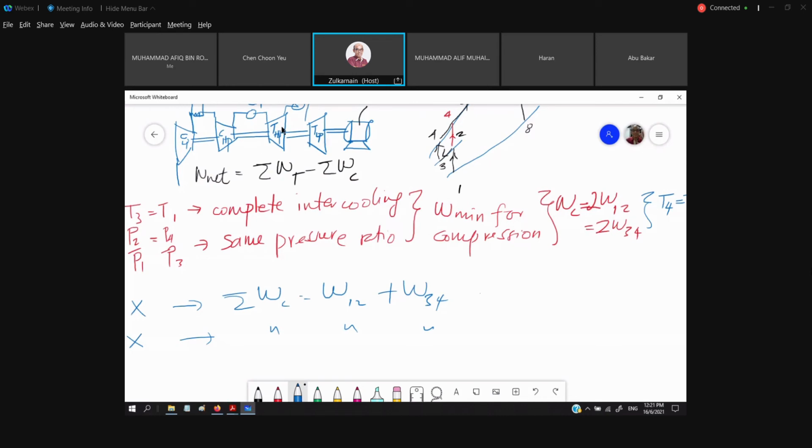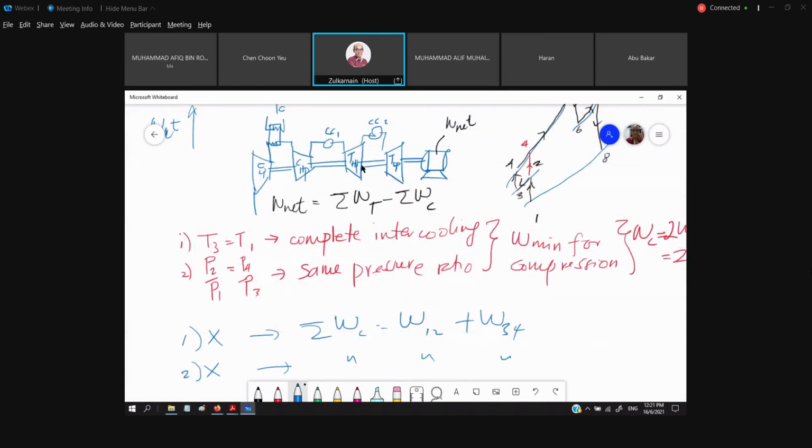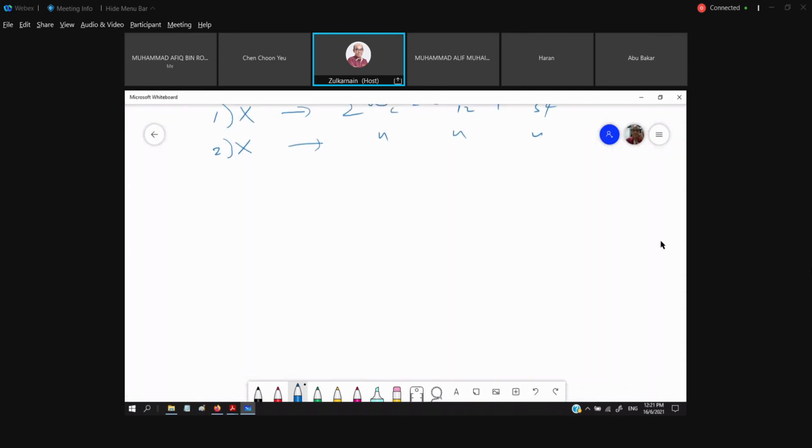So again, we could have a different arrangement of the shaft. In this case, we have only one shaft, therefore the W net is equal to the summation of work of the turbine and the summation of work of the compressor; we deduct the compressor work, so we get the W net. But we could also have the same plant with a different arrangement.